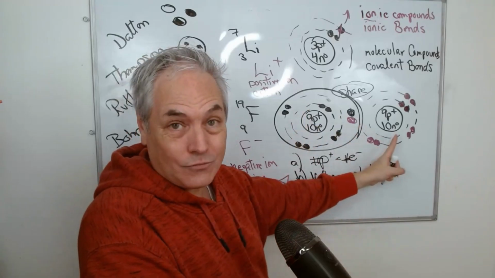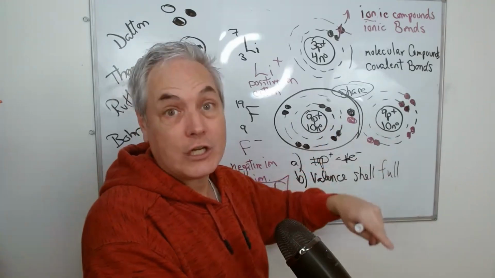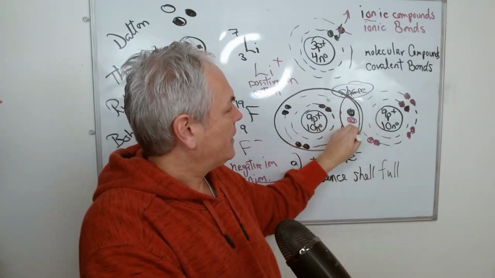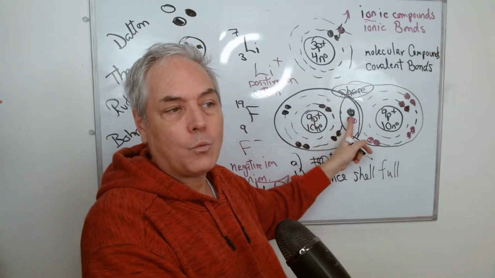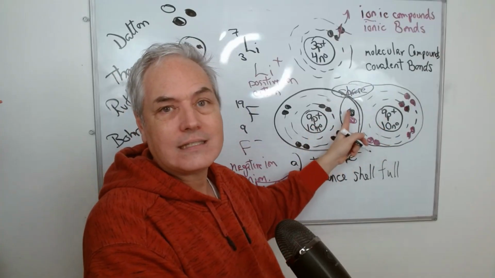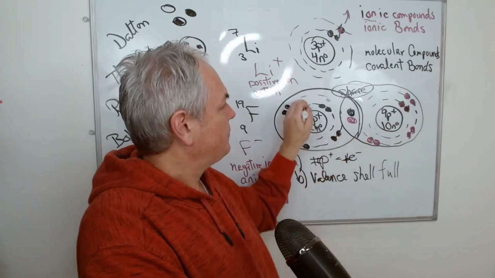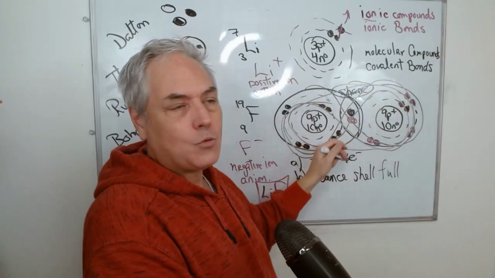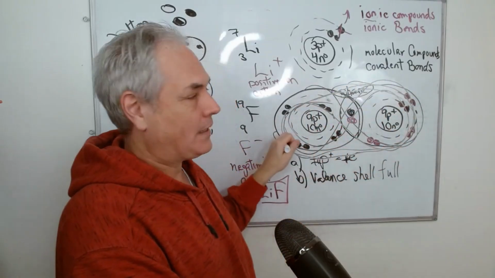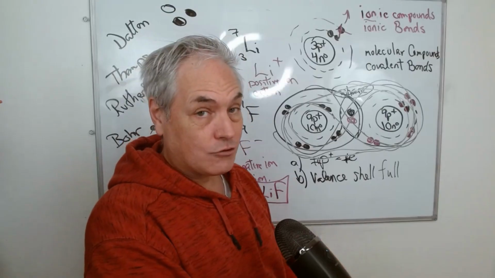However, as soon as this fluorine shared an electron, it says, wait a minute, I shared one with you. I want you to share one with me too. And therefore, this fluorine atom would share one of its electrons as well. So let's see, 1, 2, 3, 4, 5, 6, 7, 8 electrons. And since the electrons are going at the speed of light, we end up with a very stable compound made of atoms that are sharing electrons.